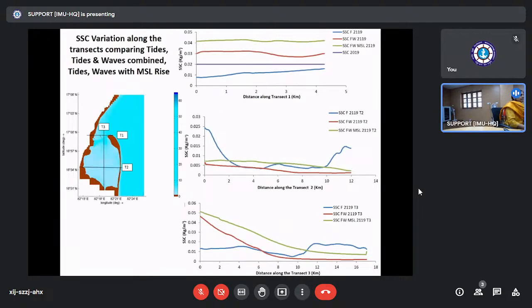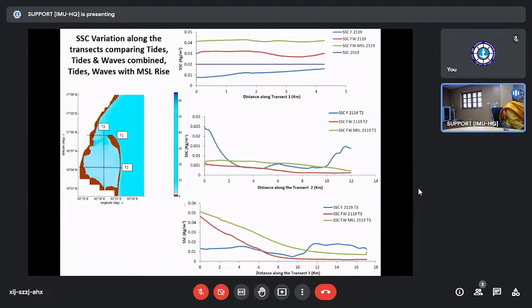Now these are the SSC variations along the transects, which compare all 3 variants: tides alone, tides and waves combined, and the mean sea level rise. And the results are compared for the 3 transects. The first graph is for transect 1, from west to east direction, and it shows how SSC has changed.